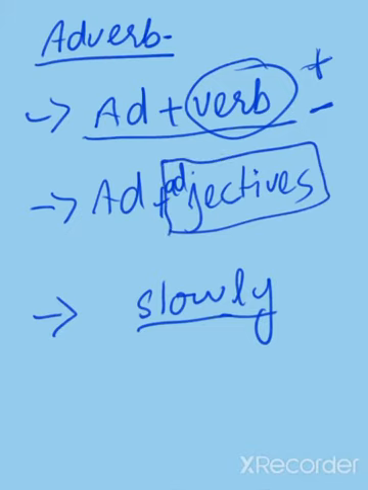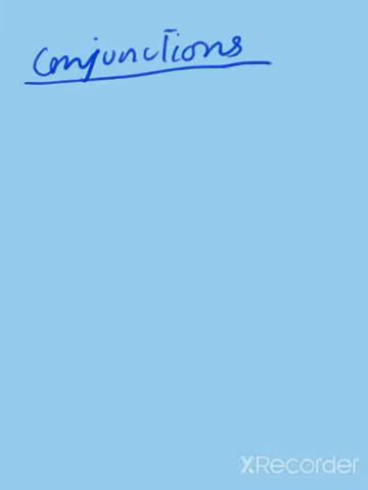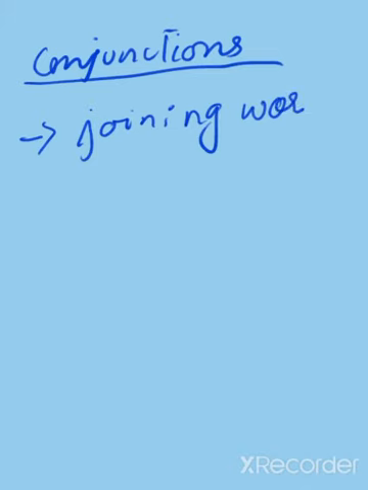Coming to the next category, that is conjunctions. Conjunctions are in fact joining words, right? There are certain words which combine words and sentences. They are in fact links between different parts of the sentence.